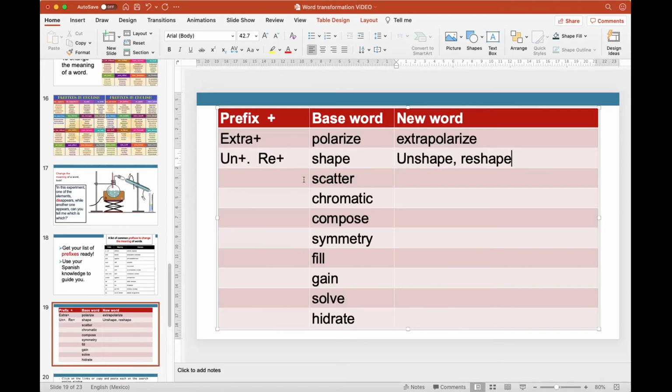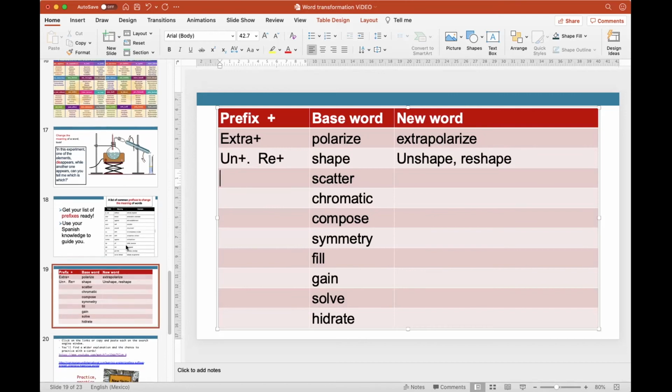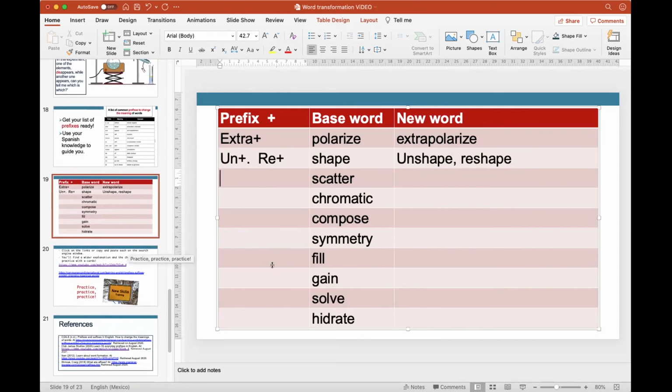Scatter. Scatter es dispersar. Nobody? Rescatter. Okay, rescatter, volver a dispersar. Any other?